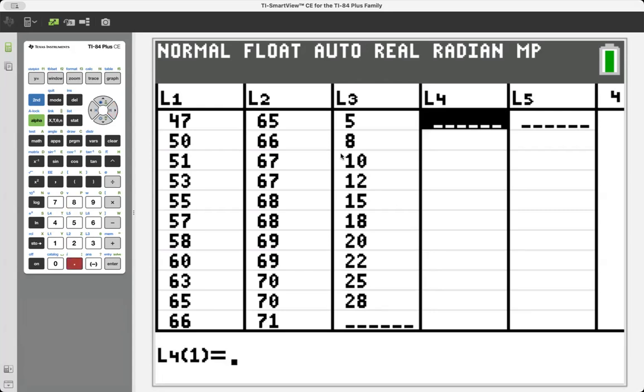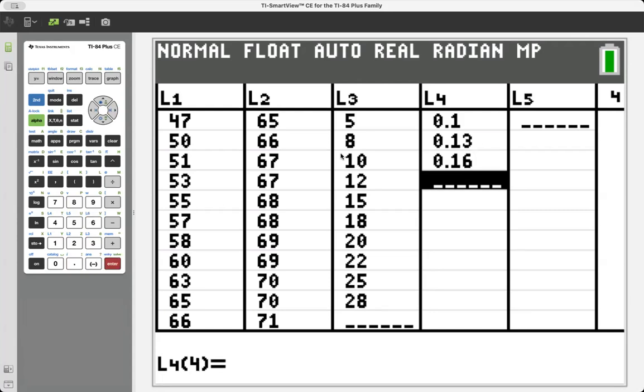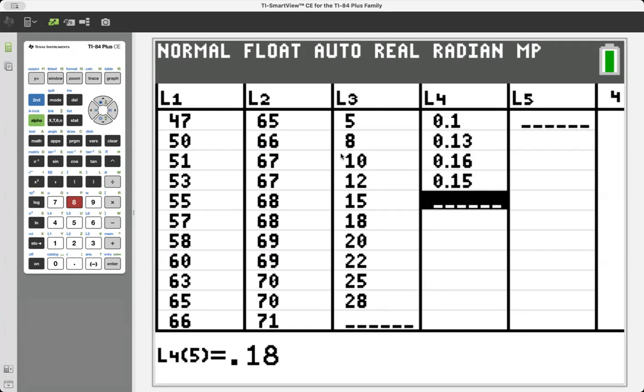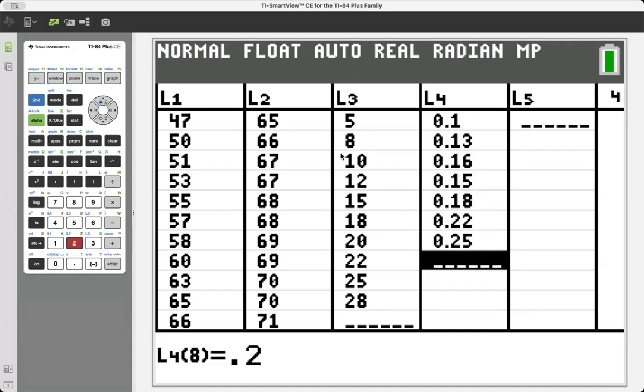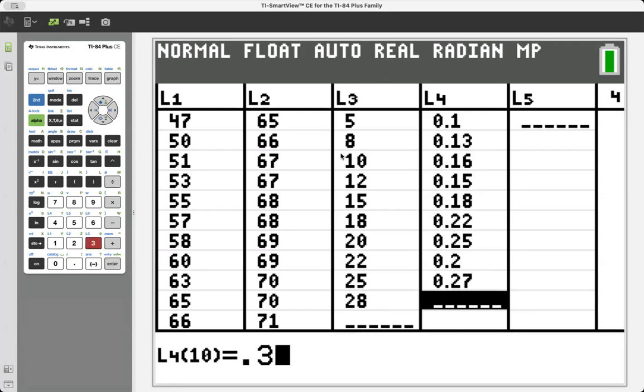Okay, 0.1, 0.13, 0.16, 0.15, 0.18, 0.22, 0.25, 0.2, 0.27, and 0.30.